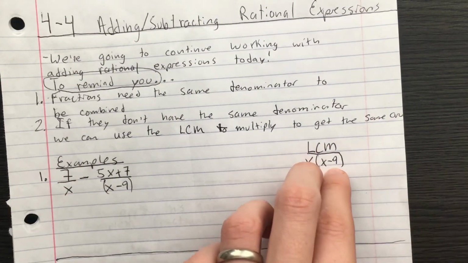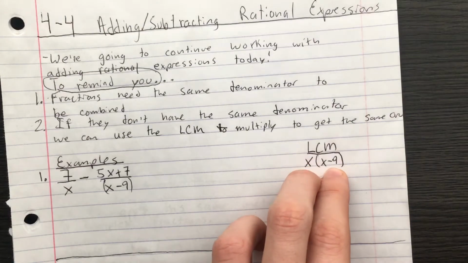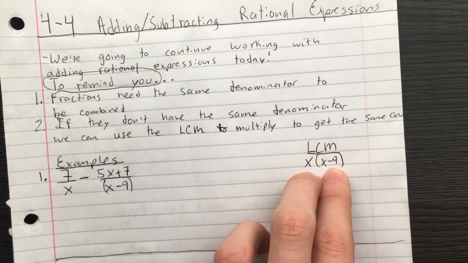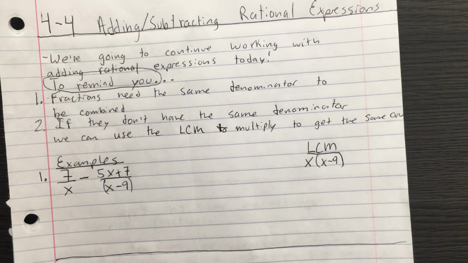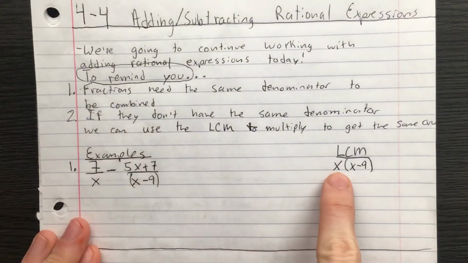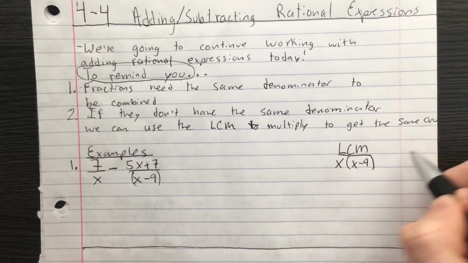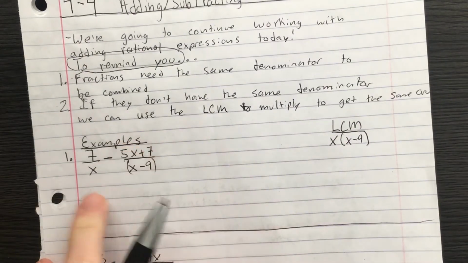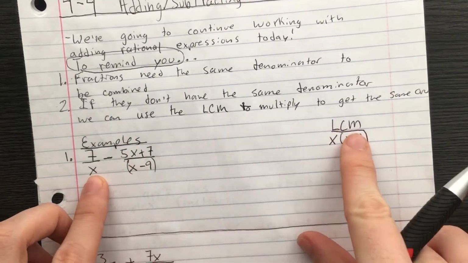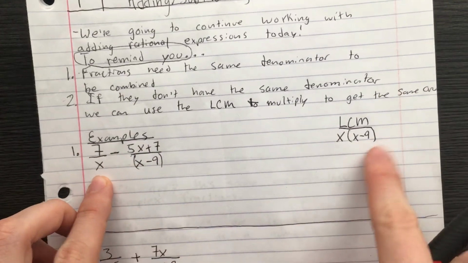The least common multiple, if they have nothing in common, is just those two things multiplied together. So now I'm going to have to multiply each of these to get it to this least common multiple of x times x minus 9. On this side, this 7 over x is missing an x minus 9.